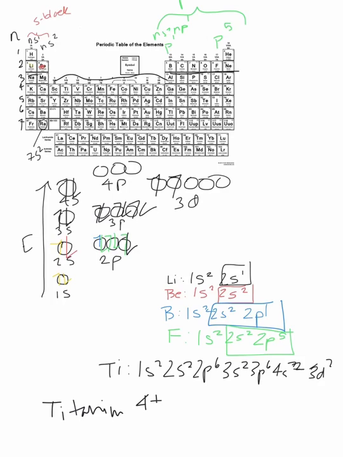And so, titanium assumes a 4+ charge because it can pull 2 electrons from the 4s and then 2 electrons from the 3d.